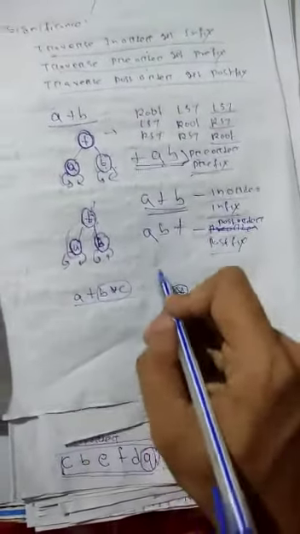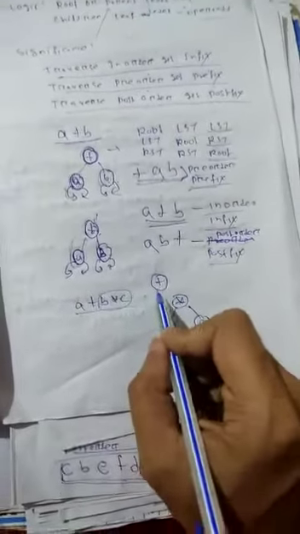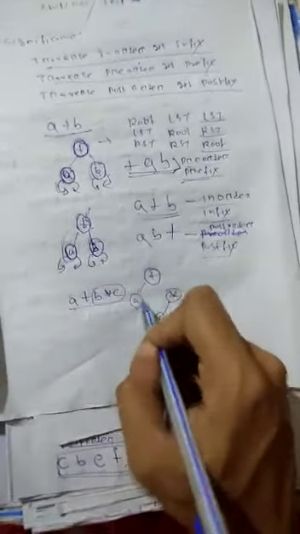Then the plus operation I am taking. As a root level, always the operator is either the root or parent. So for plus, a is the left child. Okay, then these are the right children, then you have to join it. So this is your expression tree for a plus b into c.